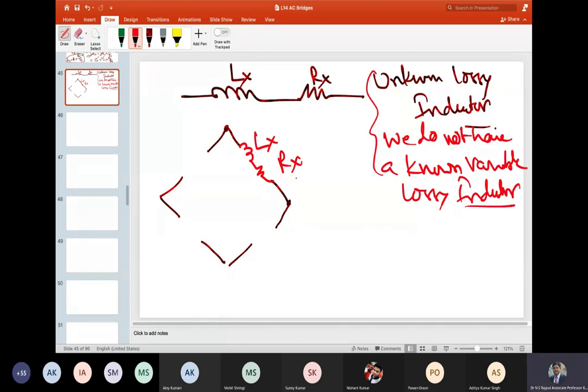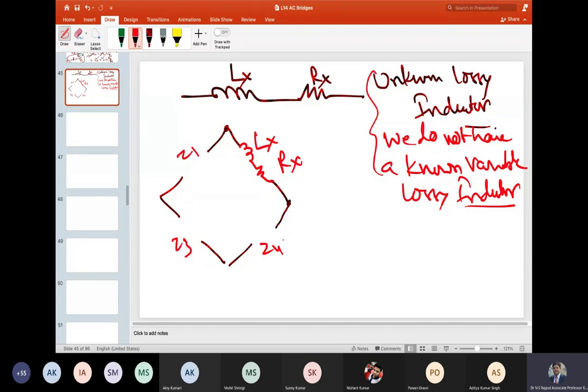So like in the previous case, we had placed a lossy known inductor in place of Z1, right? This is Z1. So at this location, we had placed a lossy inductor, which was known to us, and Z3 and Z4 we had made purely resistive so that they can simply become a constant and get multiplied.